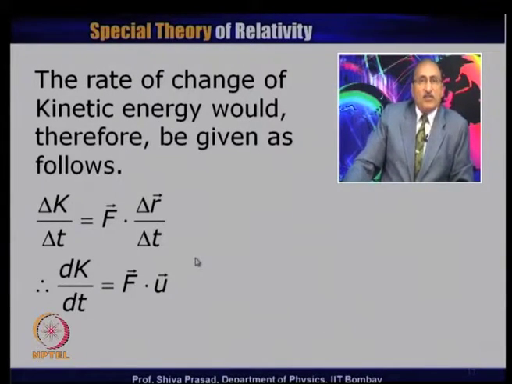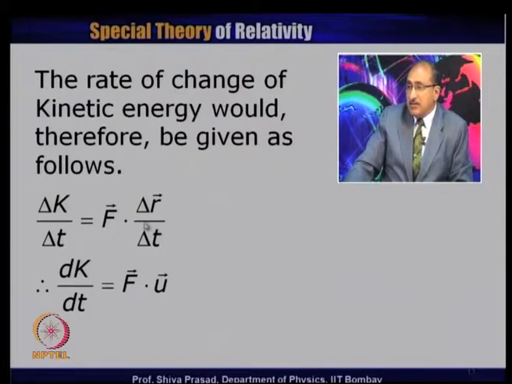The rate of change of kinetic energy therefore will be given by delta k divided by delta t, which I can write as F dot delta r by delta t. Delta r by delta t is the total displacement of the particle in time delta t divided by delta t. Therefore, this will be given by the velocity.